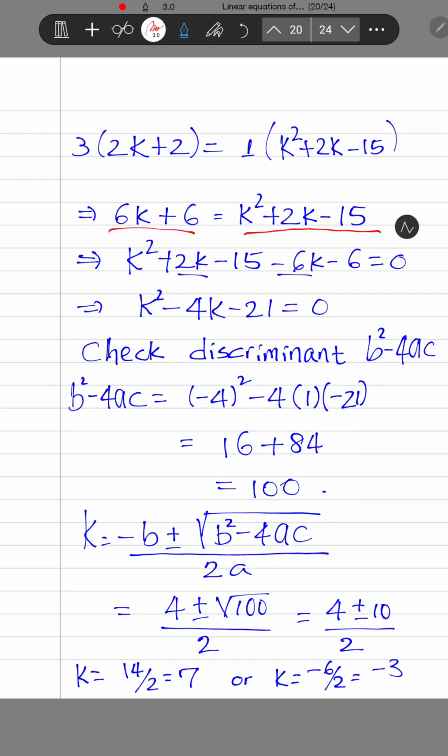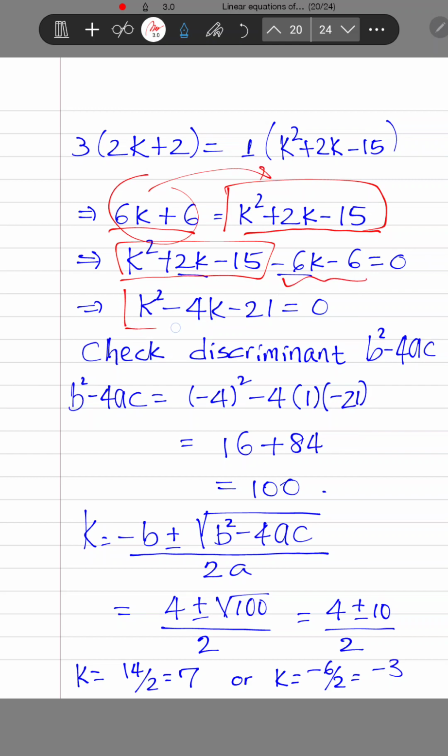We just put all together on one side. I have chosen to keep this one as it is, and I will move this one to the other side, in which they have to change their signs. When we simplify this, now we get this quadratic equation, which is K squared minus 4K minus 21 is equal to 0.